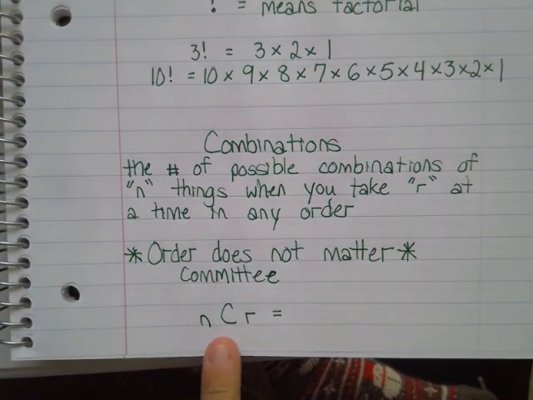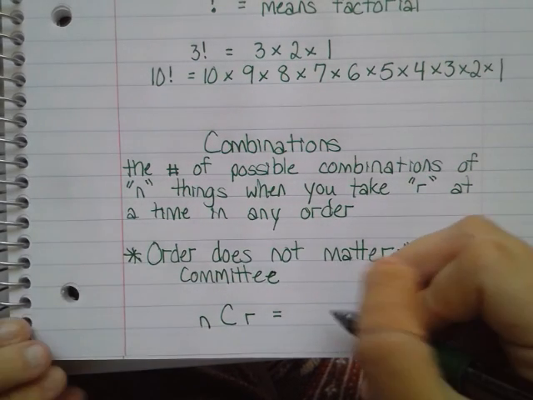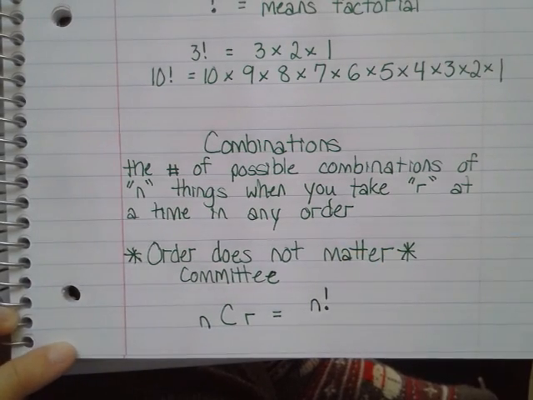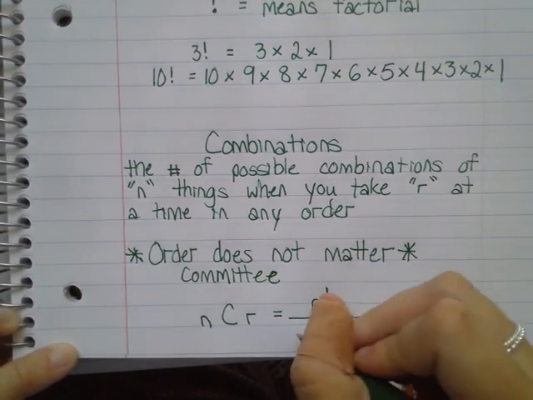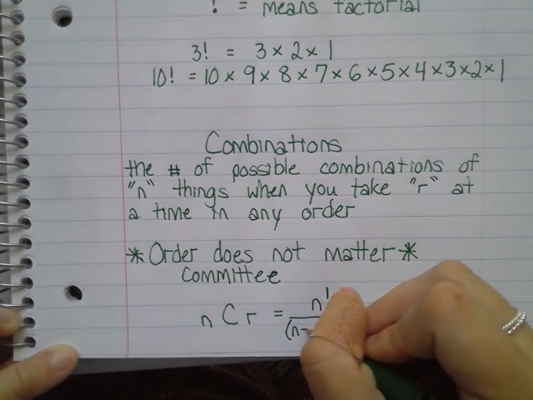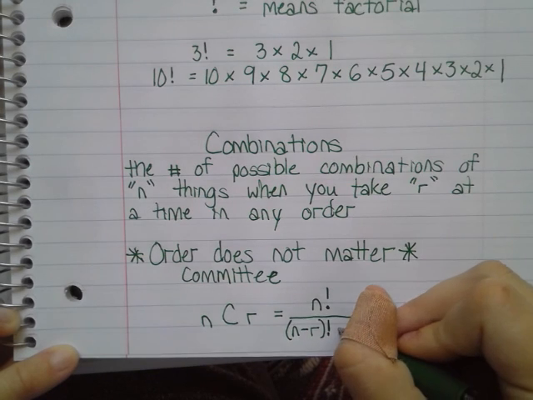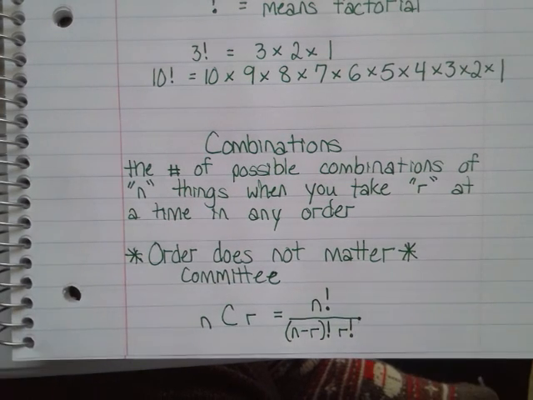So nCr, the formula for that is a little different. So we still have n factorial on the top, but we divide it by n minus r factorial times r factorial. So this is a little bit different. It changes the way that we calculate it.